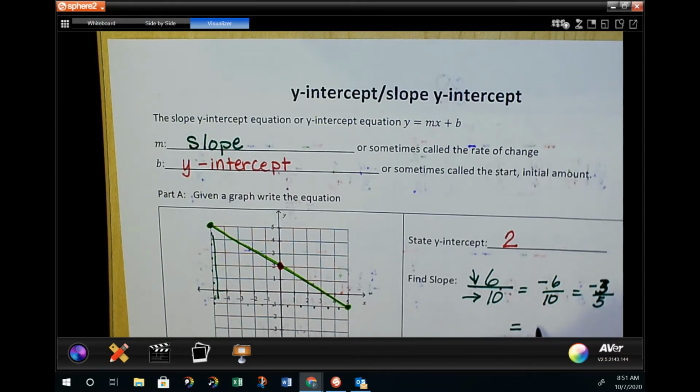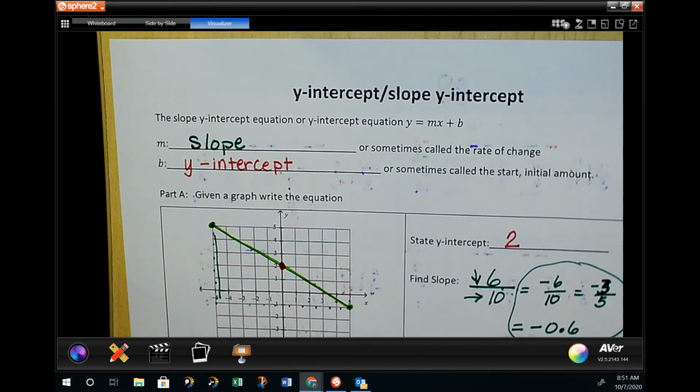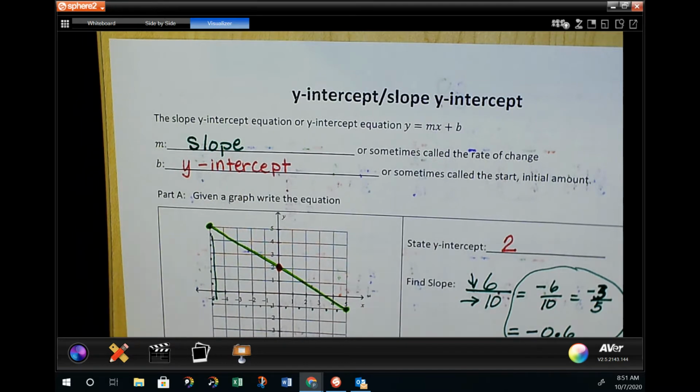Or, since you're writing an equation, you can write this as negative 0.6. Any one of these three is fine. So now when you write your equation, it's going to be y is equal to, and then x, and then whatever your y-intercept is. I like to think of it this way: your slope is always married to x.